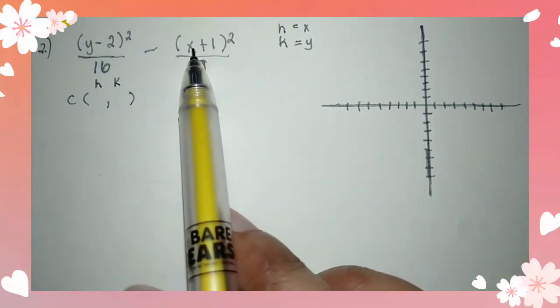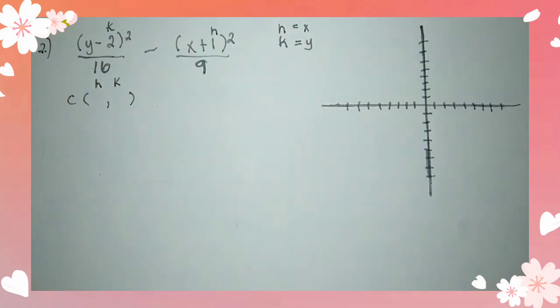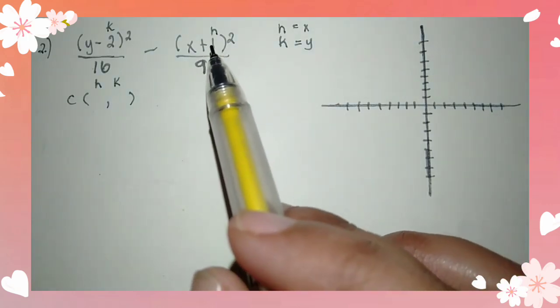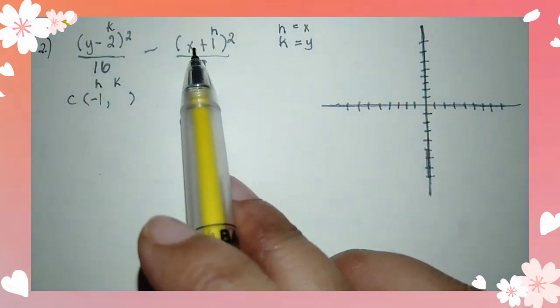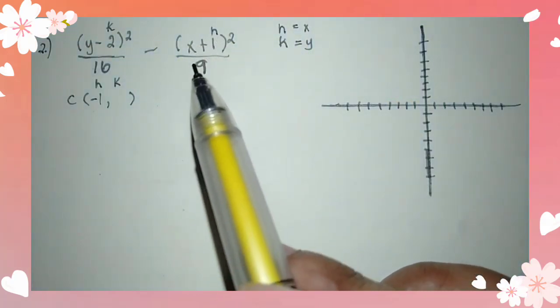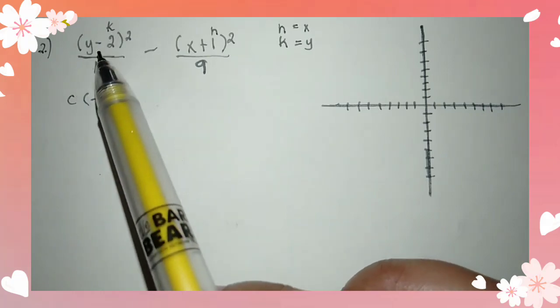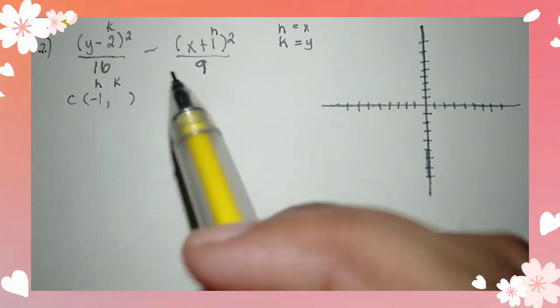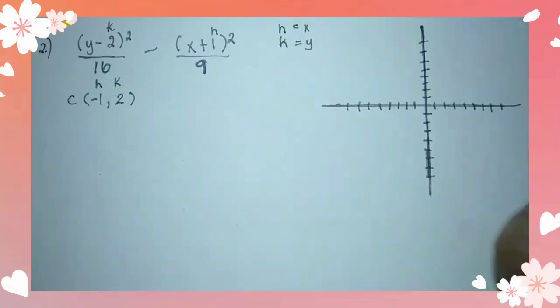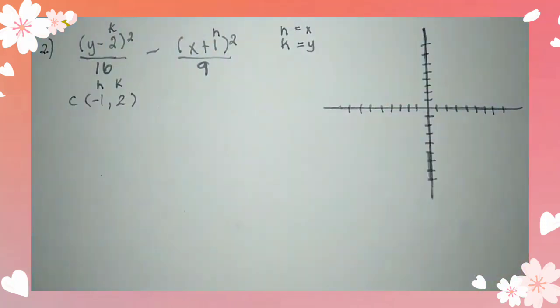So dito natin siya kukuhain. So we have 1. Pero we are going to equate it to 0. It will become negative 1. So we have negative 1. Mag-change tayo ng sign, no? Kasi equate natin siya sa 0. Ang ating k naman is negative 2 and it will become positive 2. Kasi equate pa natin siya to 0.